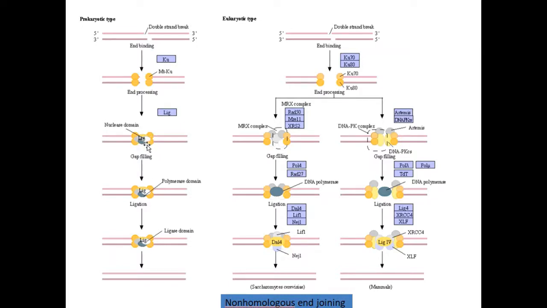It does a nuclease action if it needs to process the ends, a polymerase action if it has to synthesize new DNA fragments, or a ligase function if it has to seal the nick, ultimately leading to the sealing of the double-stranded breaks.